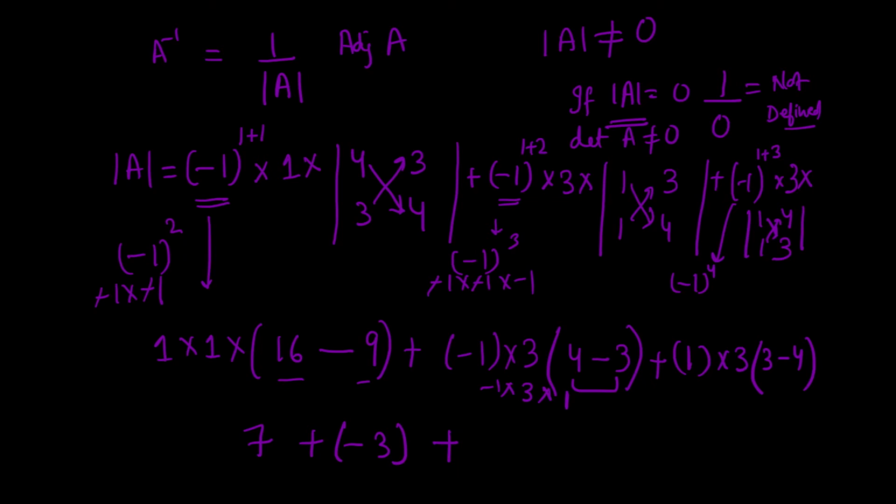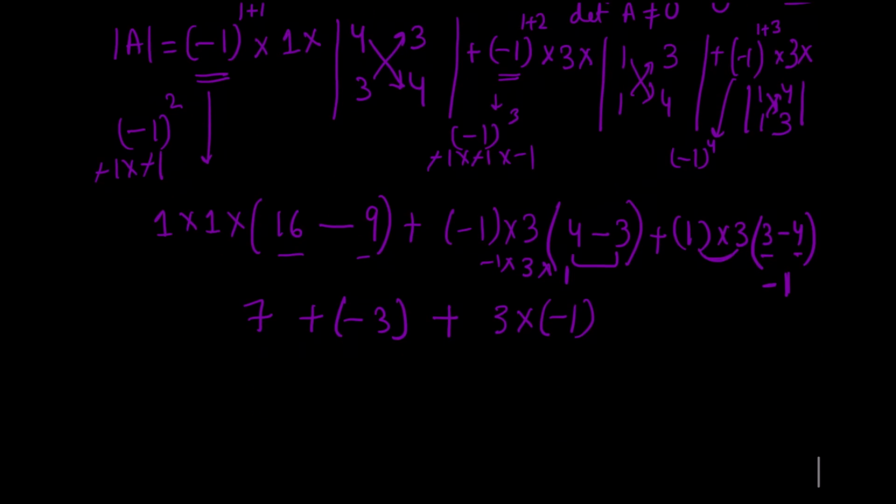And then you have 1 times 3 is 3, and then you subtract 3 from 4, it's 1, and the sign is negative because 4 is the largest number. So this becomes 3 times minus 1, which is minus 3.